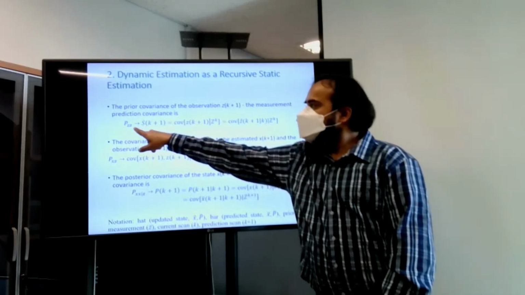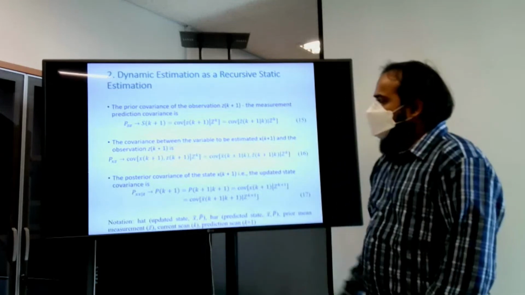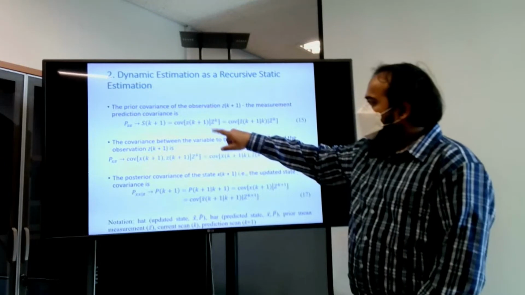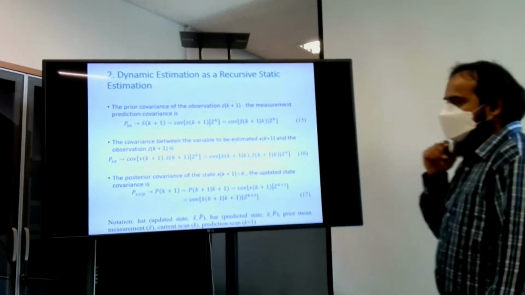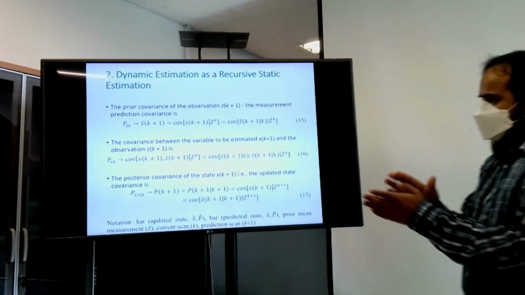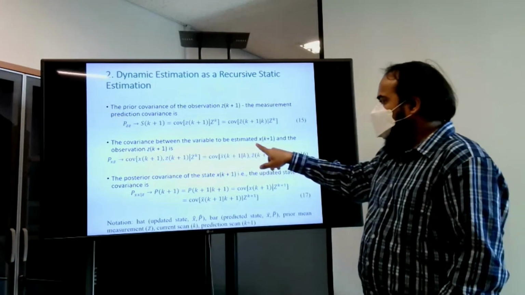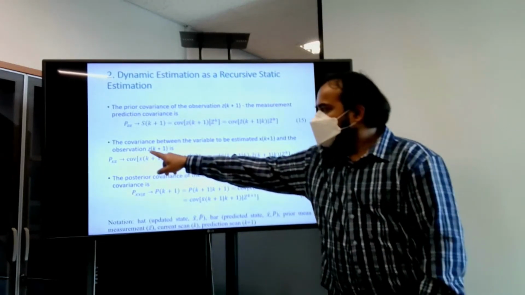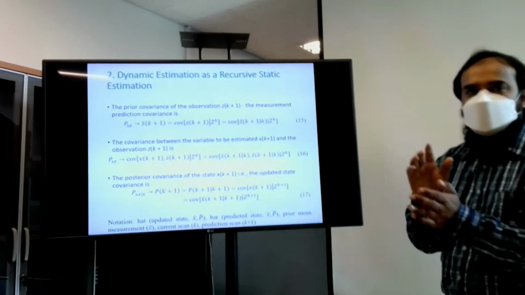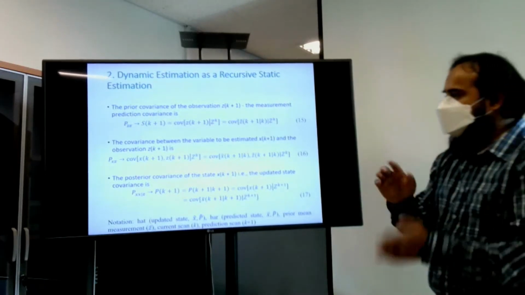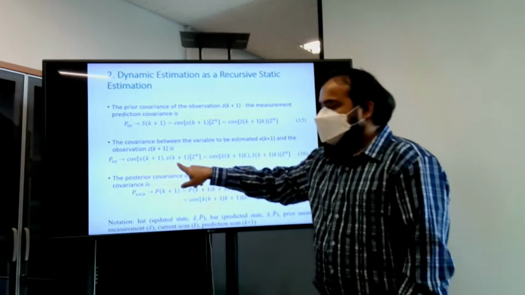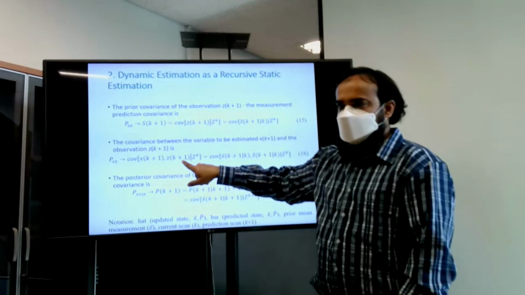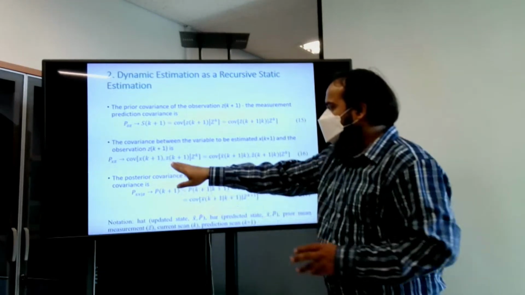We denote this thing with s, and it is equal to the expression of the z at k plus 1 given the zk and having the covariance this one. Now this is the covariance between the variable to be estimated, x of k plus 1, and the observation k plus 1. Means the cross covariance of x and z. This is also the prediction, the cross covariance of the prediction.